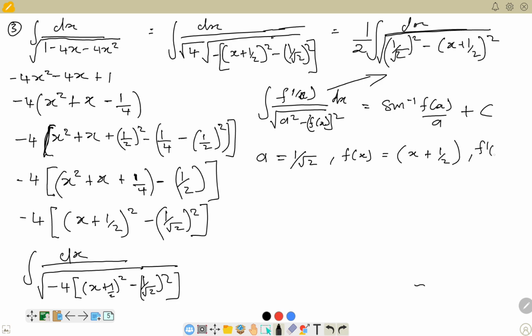Then f prime, when you differentiate there, it's actually 1. So it fits. So we can see that there on the dx, we only have 1. It's just dx. It's the same as 1 dx. So it's fine.